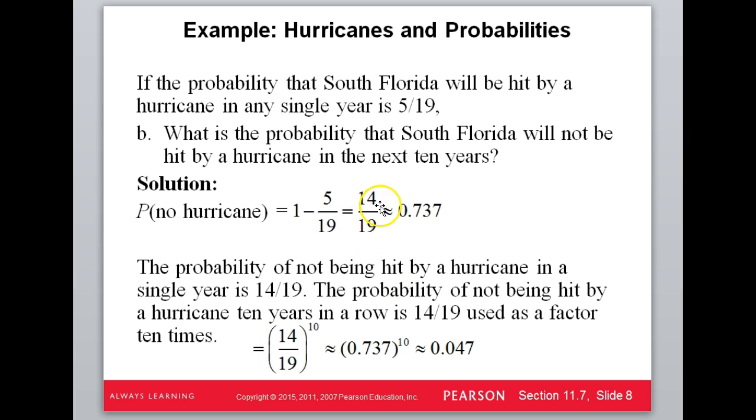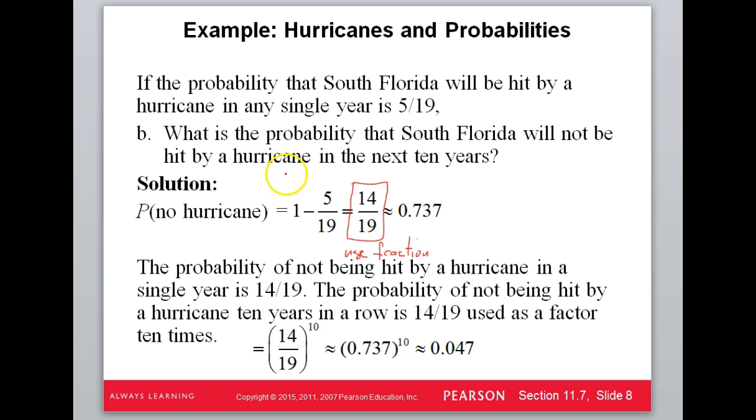So because this is exact and this isn't, use the fraction. Always use the fraction when you're going to raise them to powers. Don't use the decimals, because that goes back to compounding error like we talked about several chapters ago. So use the fraction when you're going to put it to an exponent. So this is any one single year.